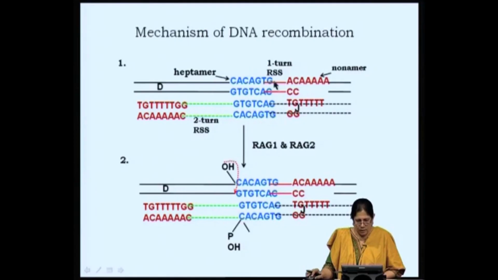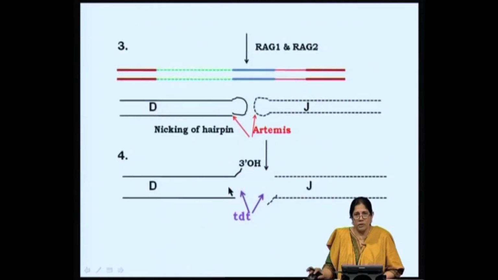Once these come together, then the enzyme nicks one of the strands of DNA, establishing a hydroxyl radical which then attacks the opposite strand, bringing about a transesterification reaction and making these hairpin structures.